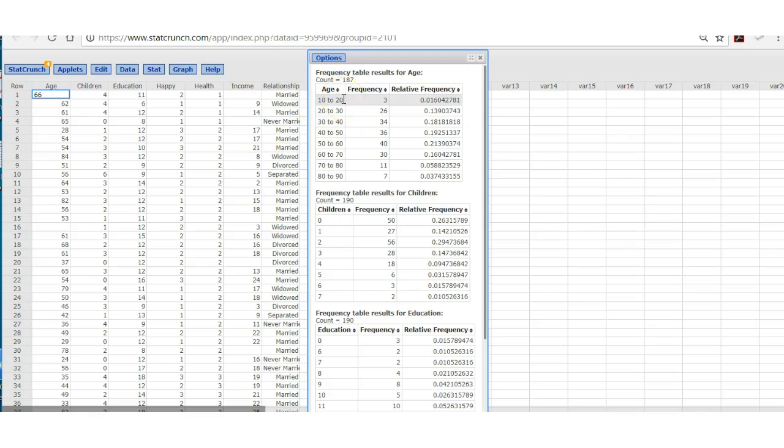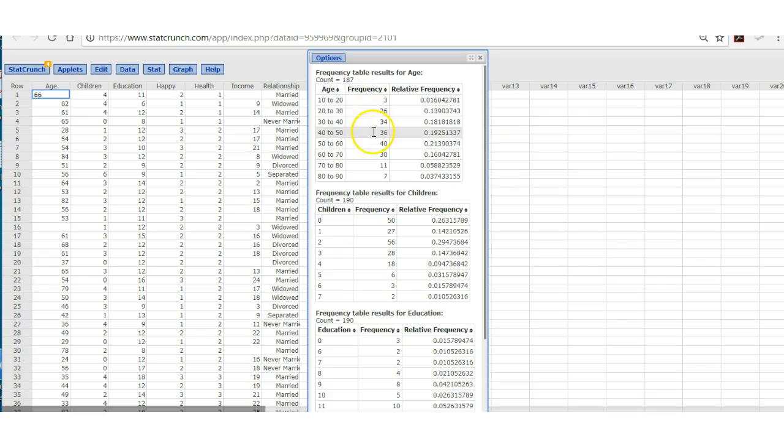Now actually they're not, because in StatCrunch what this is actually doing is it's starting at 10 and going up to the last number before 20. So this is actually going from 10 to 19, this is going from 20 to 29, and 30 to 39, and so on. But you wouldn't know that by looking at this. So this is kind of confusing. You have to really make sure that you understand that if you're going to use StatCrunch to do frequency tables.